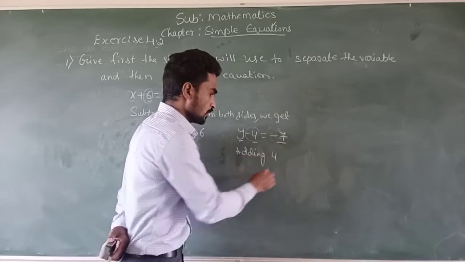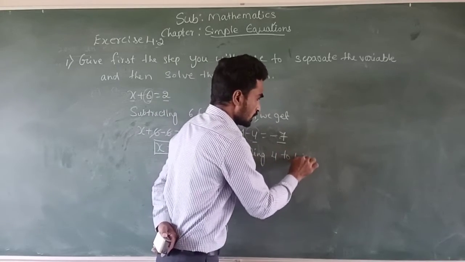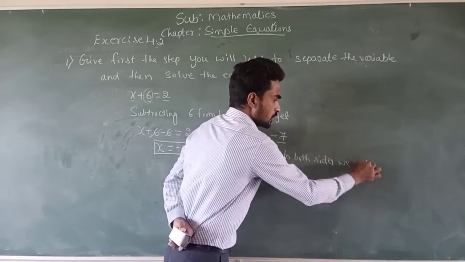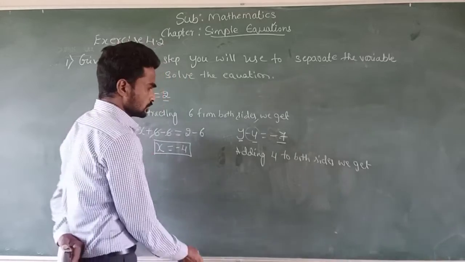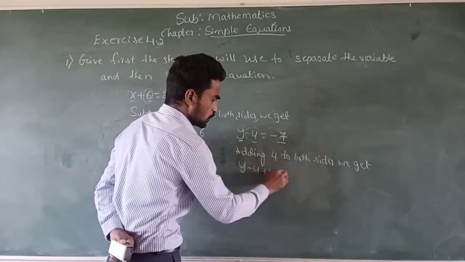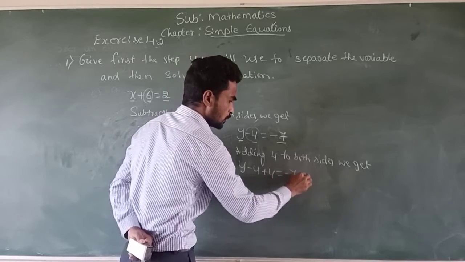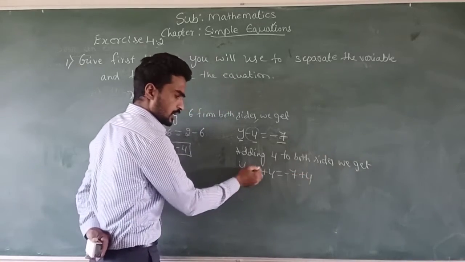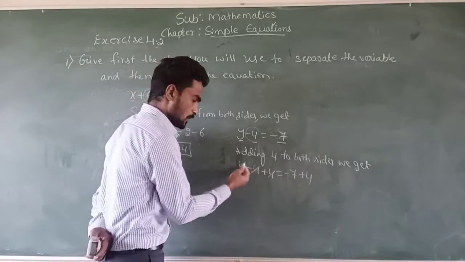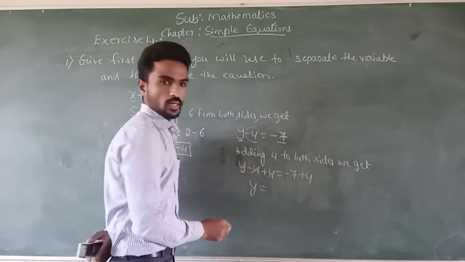Adding 4 to both sides, we get y minus 4 plus 4 that is equal to minus 7 plus 4. Then minus 4 plus 4, we get 0. 0 plus y, again we get y.